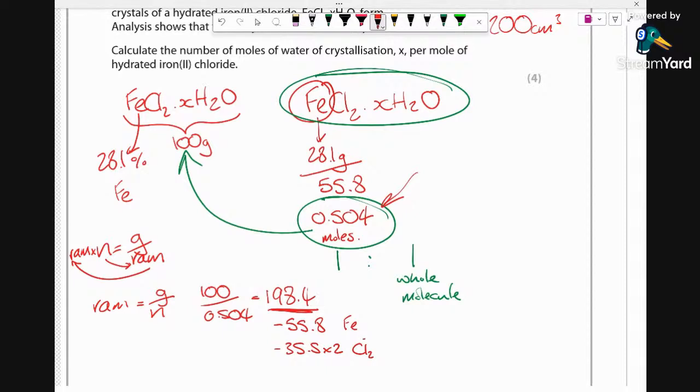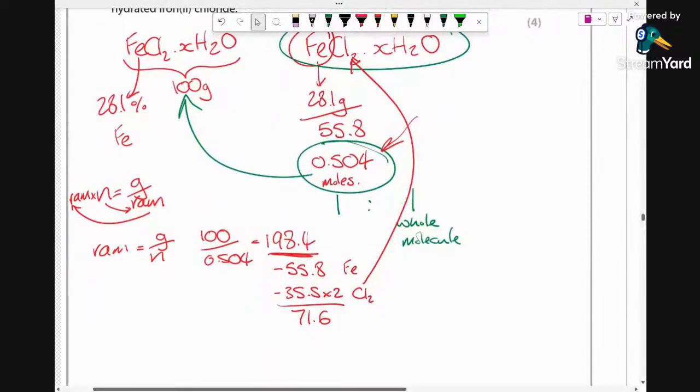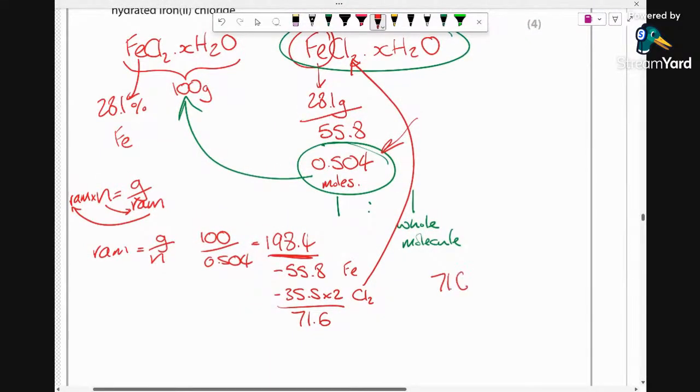After I've taken those away, I'm only going to have water left. So 198.4 minus 55.8 minus 35.5 times 2 gives a value of 71.6. This is only waters. So I can do 71.6 over 18.0, the Mr of water, and I get a number of 3.98.